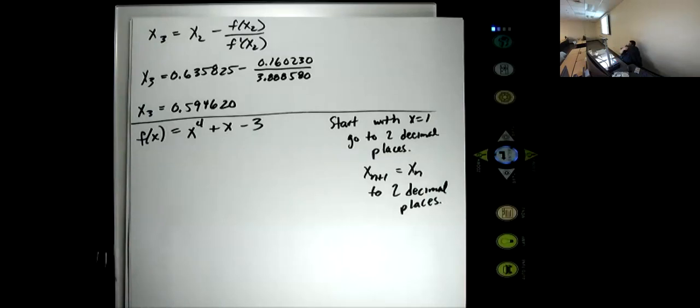Work on that for a few minutes. This is calculator work, quick calculator work, actually. Well, I don't know how quick it is. But it's just a simple polynomial, so at least you're not having to find the E button.